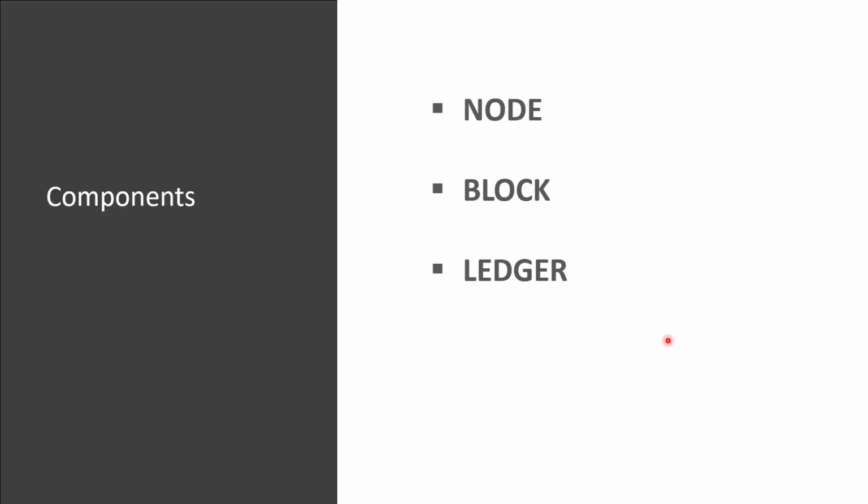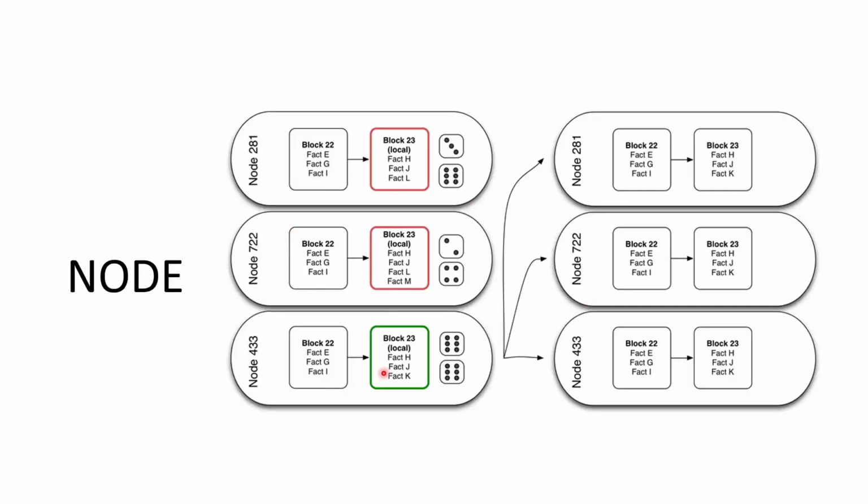So the basic components of a blockchain are the node, or the host or computer on which the blockchain is running, the block itself, and the ledger. This is a good picture because it shows individual nodes hosting the blocks, and we can see the blocks are generally the same.